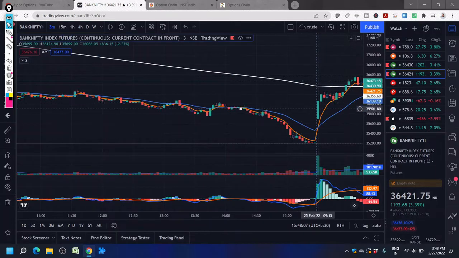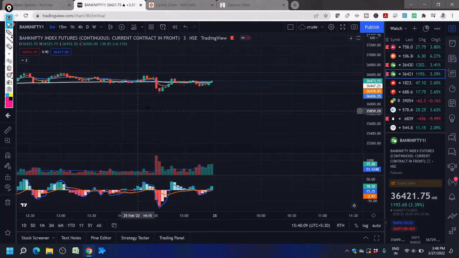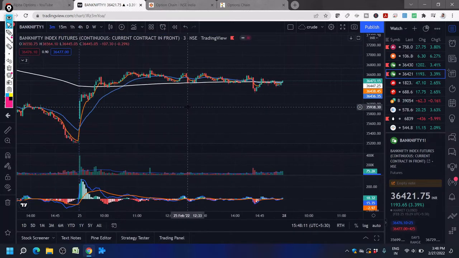So here we have marked our rectangle, which is 36,400. This was the level, right? If it opens anywhere above this, 36,500, 600, then it can be a good chance for us to buy whenever it dips to 36,400, because there was a good open interest addition at the intraday level, 2 lakh open interest addition.